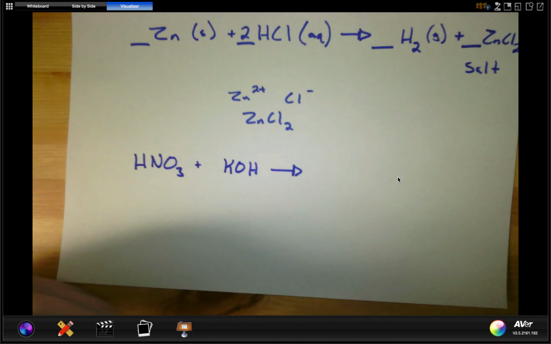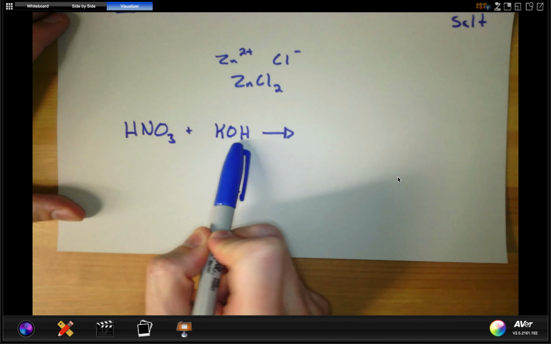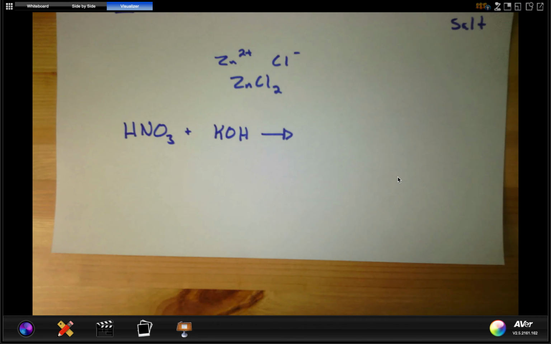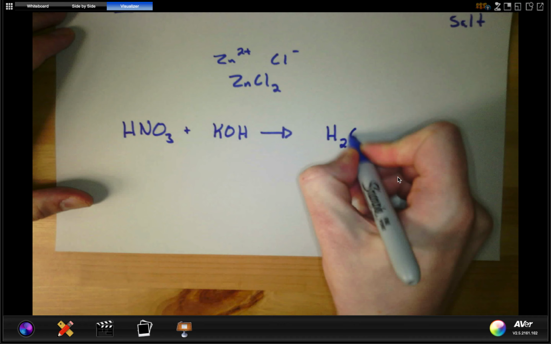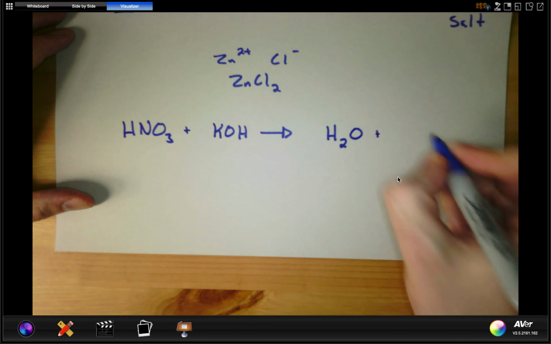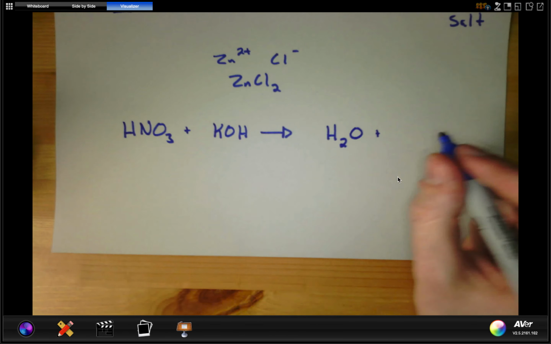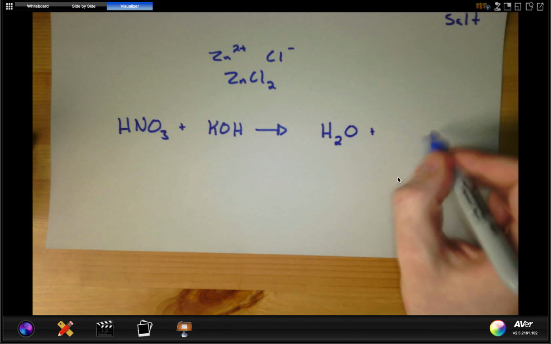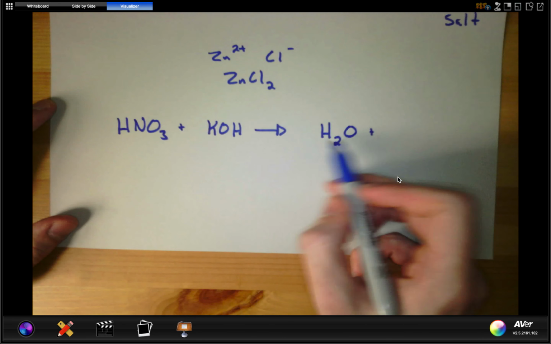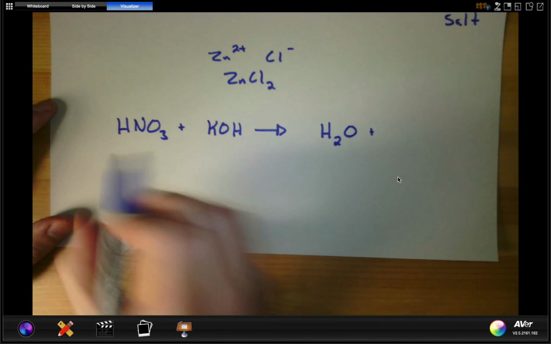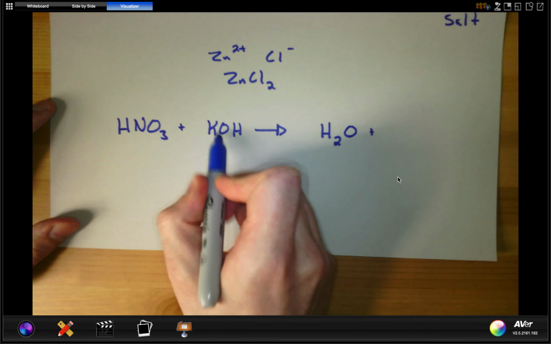Here's our nitric acid, here's our potassium hydroxide. In every neutralization reaction, we're going to get water as one product, and our salt is going to be the leftover ions that form the ionic compound. Where is this water coming from? Remember, an Arrhenius acid always makes hydrogen ions, and an Arrhenius base makes OH ions.